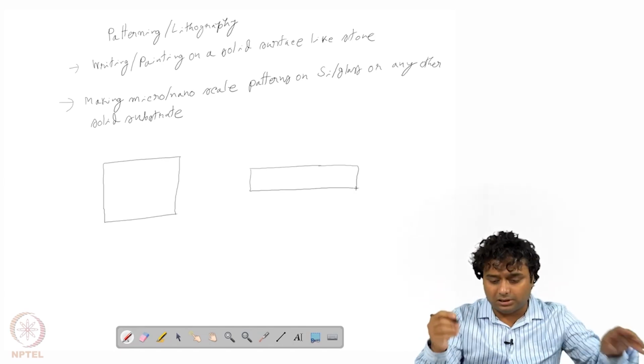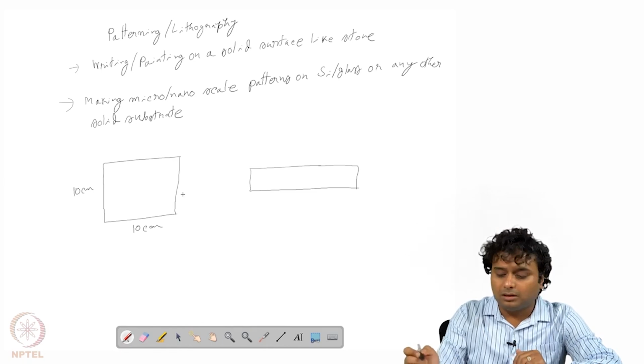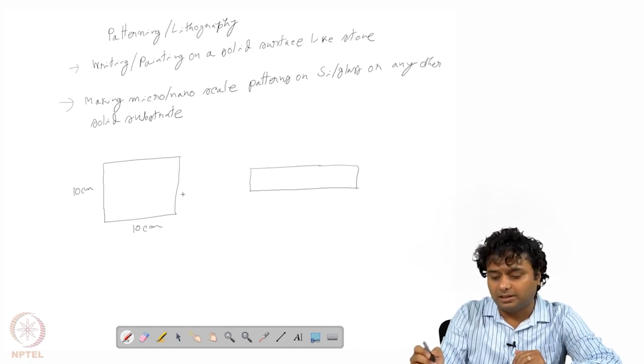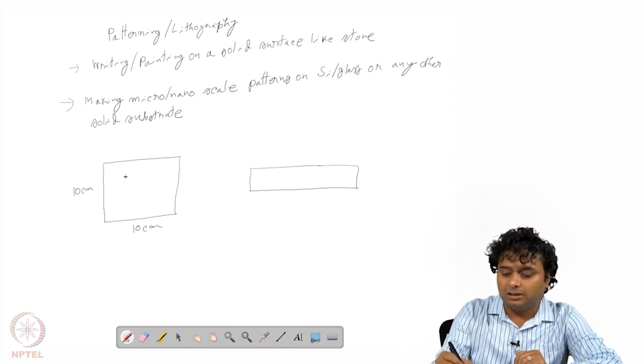This has a dimension of about 10 centimeter by 10 centimeter. Now I want to make a square hole inside that, about 1 centimeter deep, and it will have a 5 centimeter by 5 centimeter size.